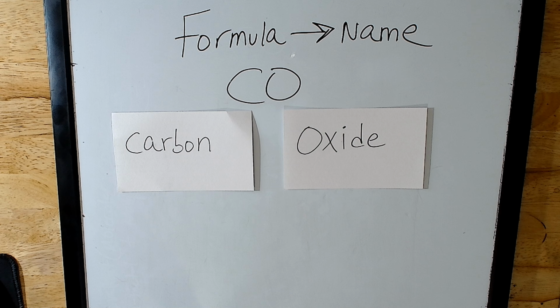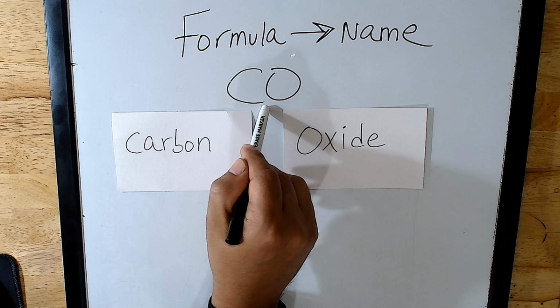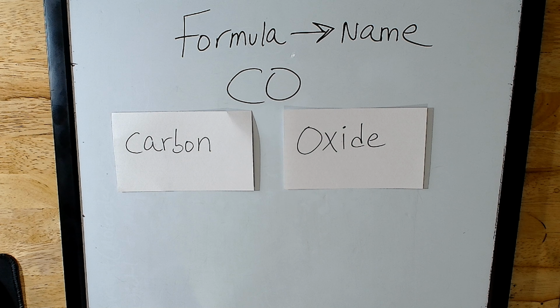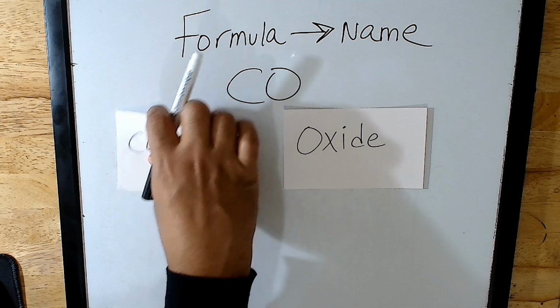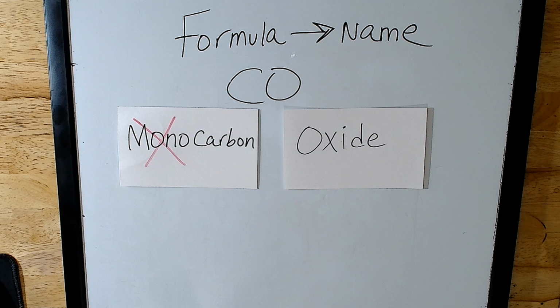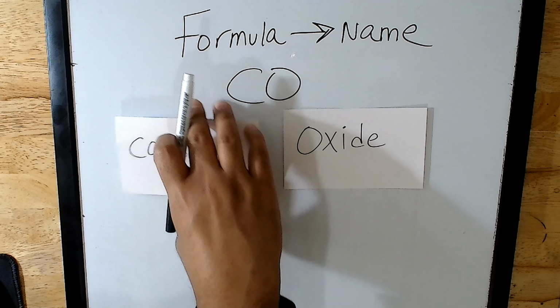Now, for each element, we need to use the correct prefixes based on the subscripts of the chemical formula. In the middle here there's technically a 1 understood, and the number 1 is represented by the prefix mono. The rule, however, says that the first element cannot have the prefix mono. So it's just going to stay as carbon.